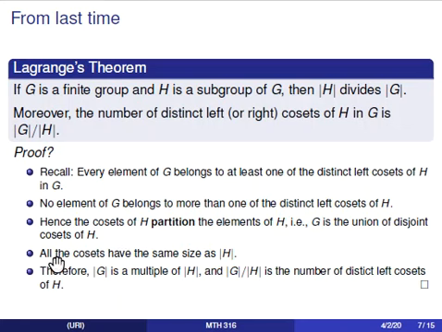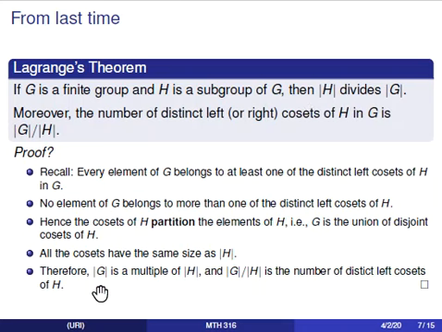And that meant that we hit everything in the group. And since all of the cosets had exactly the same size, that means that the order of G has to be a multiple of the order of H.